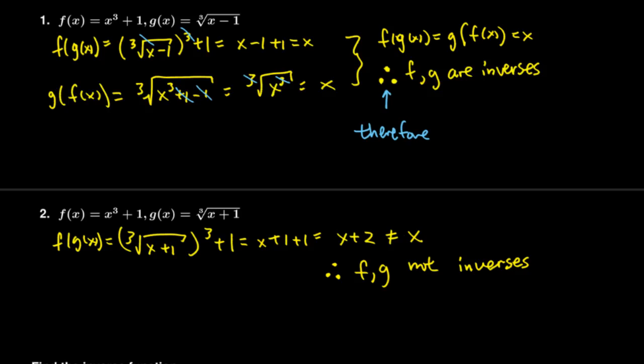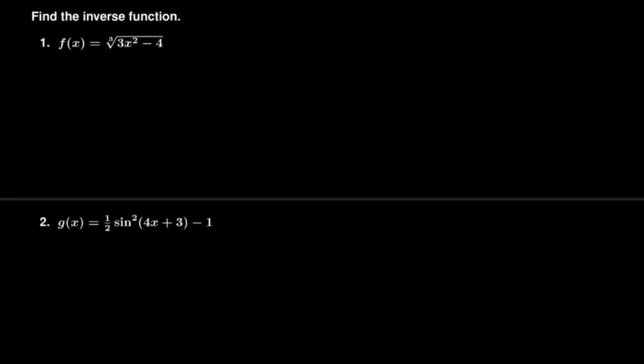Alright, so let's move on to the next one. Find the inverse function. I'll do 1, and then I'll have you do 2 on your own, and then we'll move on after that. So again, this is your y, so to speak, and here's your x.